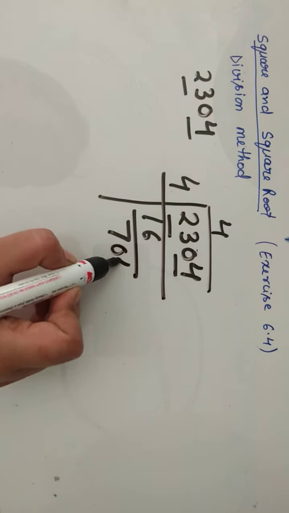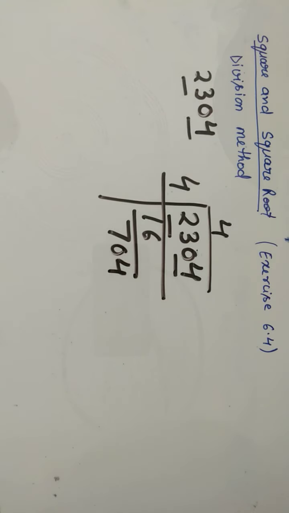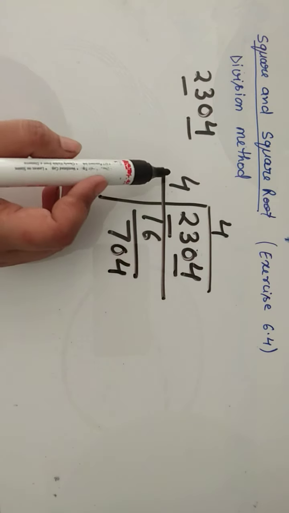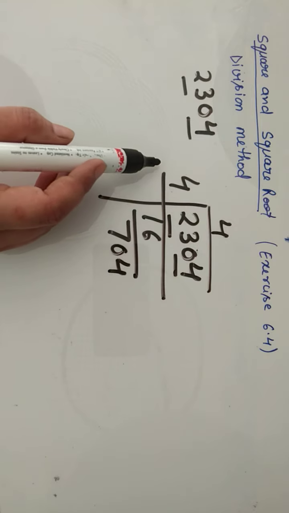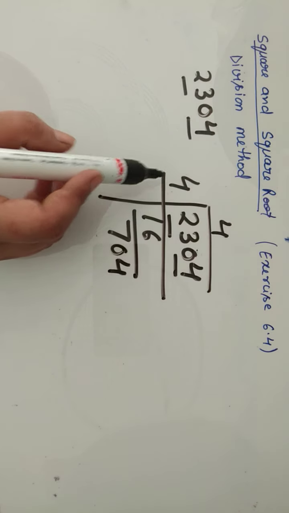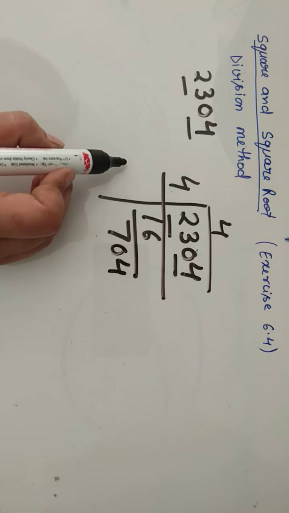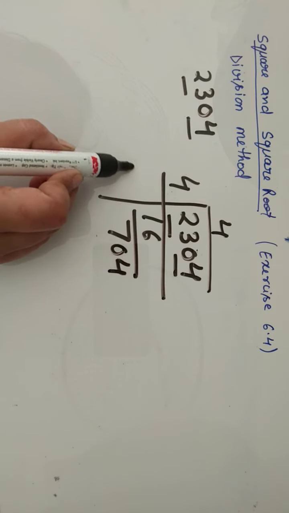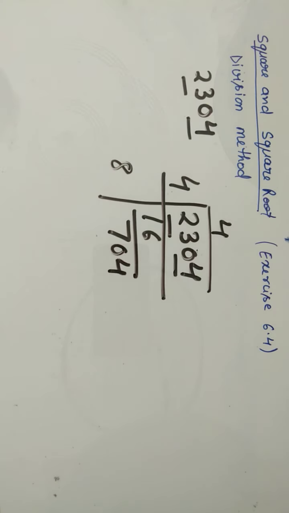And we will write 04, the pair we will copy. Then the next step, twice of that number. Twice means we will multiply the given number by 2. So twice of 4, that is 8. Now after 8 we will take a number and we will multiply by that number only.